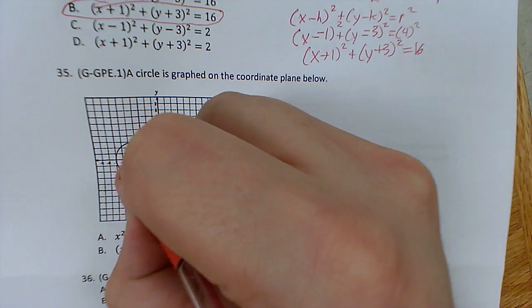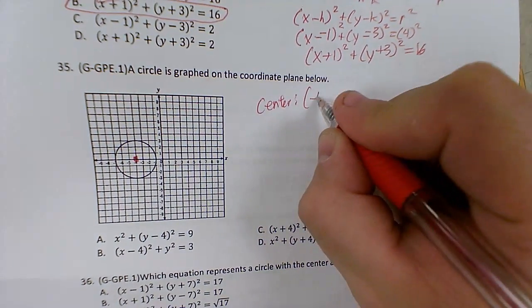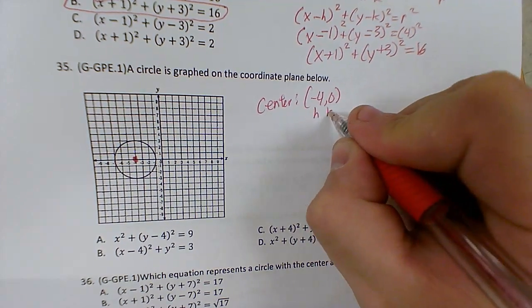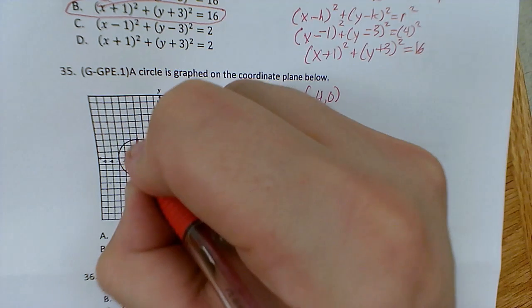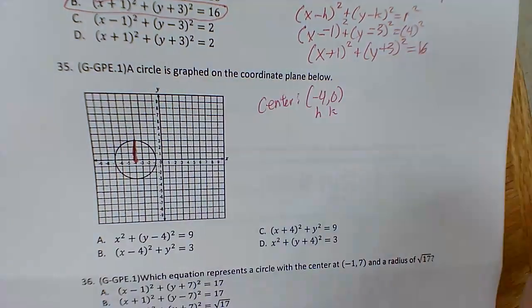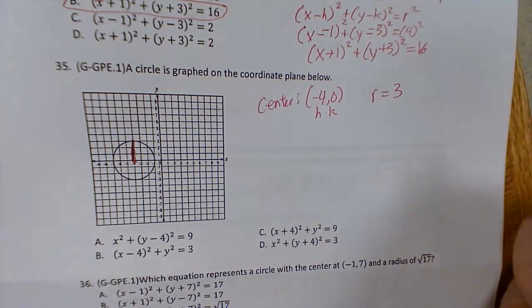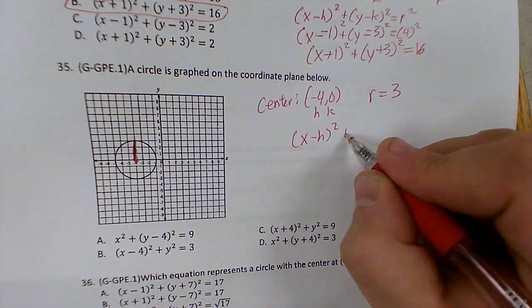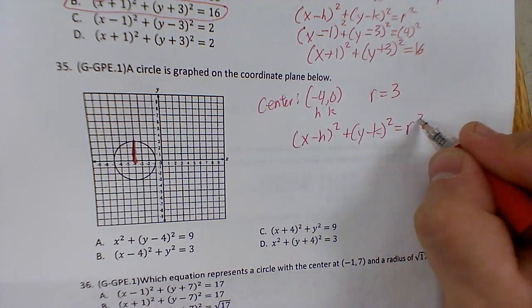So the center of the circle is at -4, 0. So this would be our h and our k. And to find our radius, you just want to count how many units it is to get to an endpoint. In this case, the radius would equal 3. So using the formula, x minus h squared plus y minus k squared is equal to r squared.